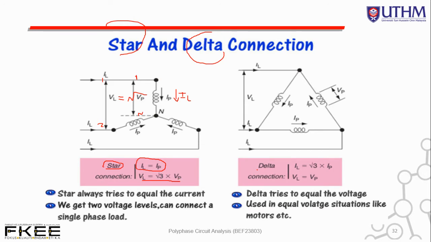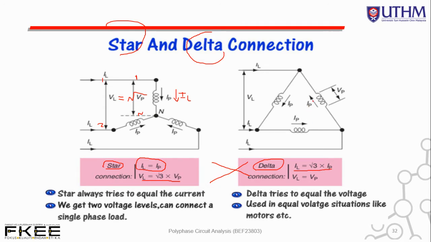What about delta connection? What I told you earlier was about star connection. But when you come to delta connection, it is totally different. Our relationship is something like this: square root 3 for IL and IP.